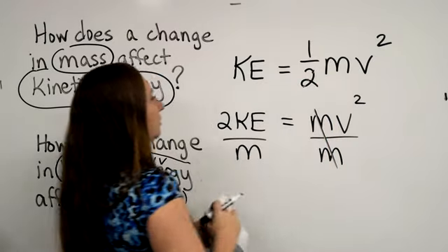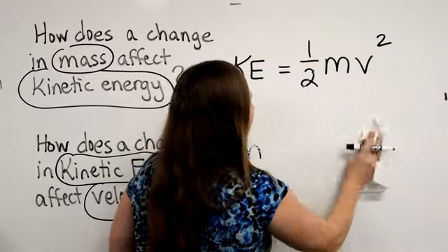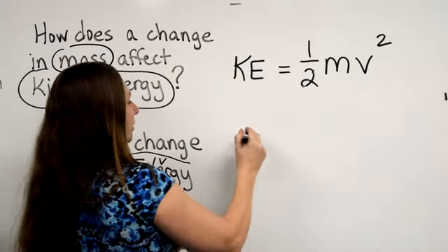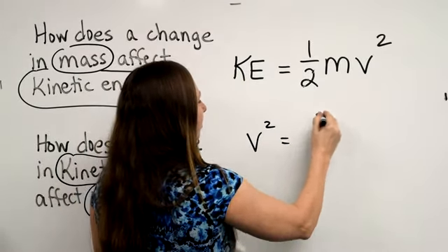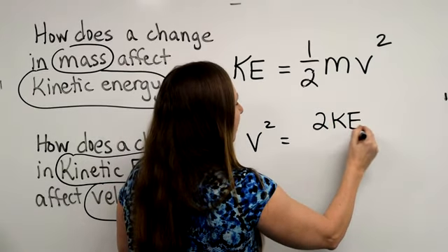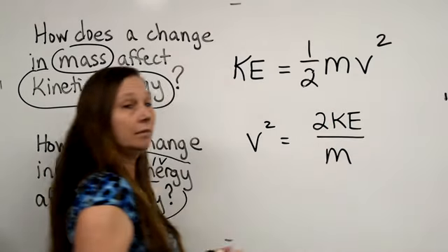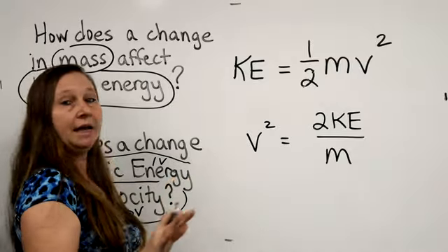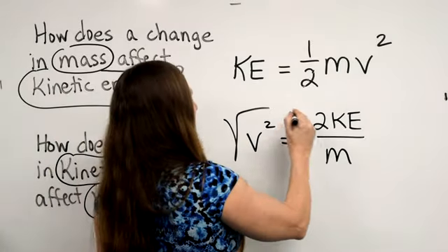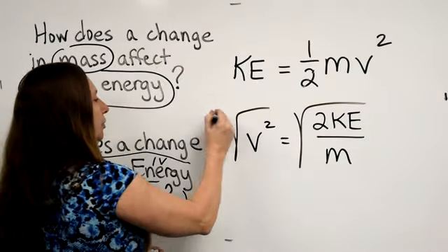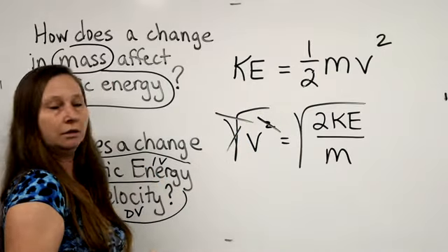Back to that. All right, so now, if v squared is equal to 2KE over m, and I want v by itself, I'm going to take the square root of both sides. The square root and the square are going to cancel.